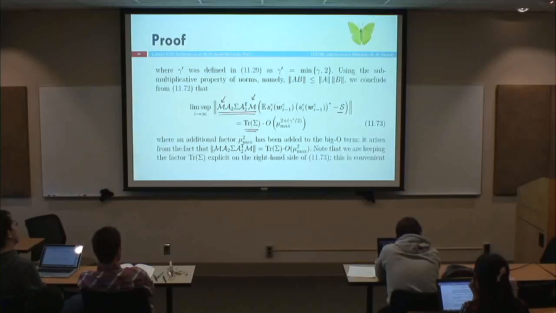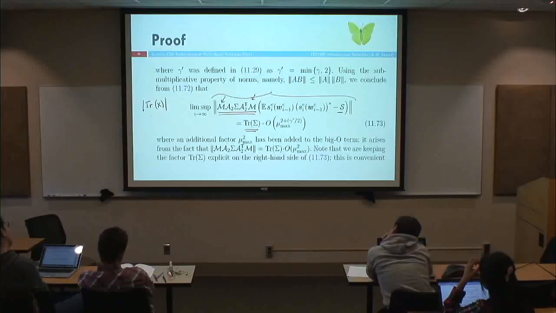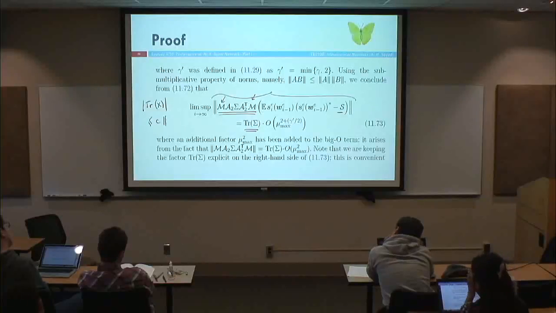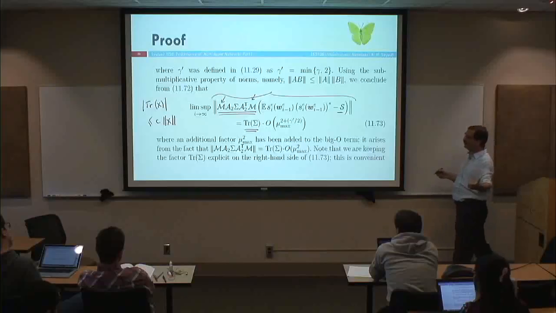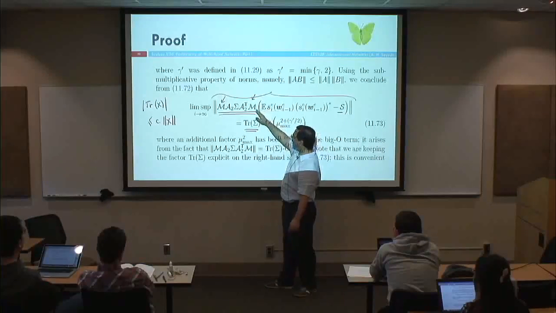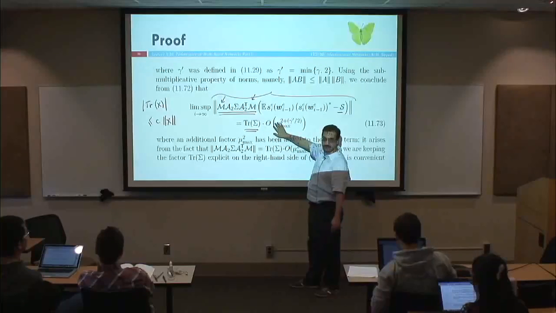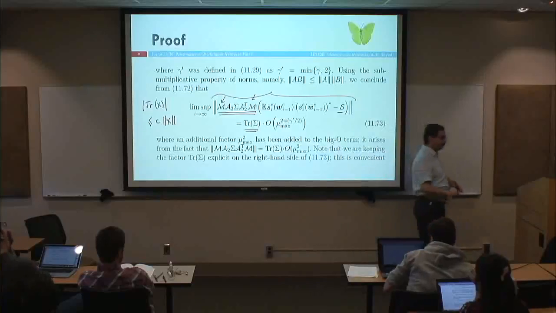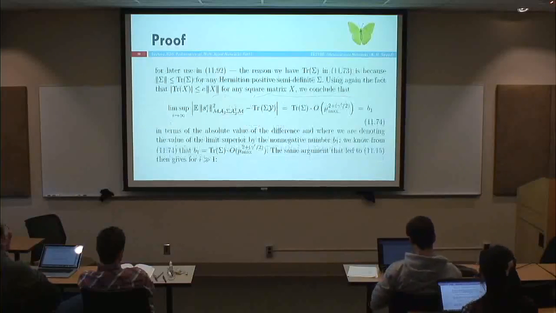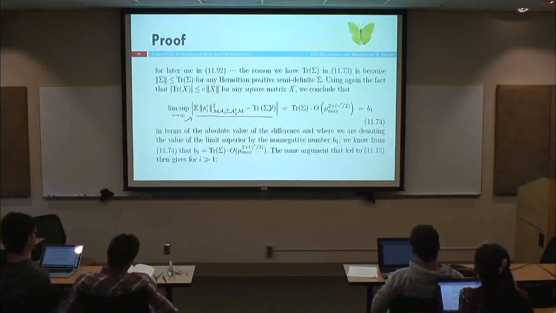Well, you see, this is the norm of a matrix, and I explained to you before, the trace of X for any square matrix is upper bounded by a constant times the norm of X. This is a property, a homework problem. So I can conclude from this that the absolute value of the trace is also of this order, correct? Here it is, the absolute value, and this is the trace. Why is that the trace?